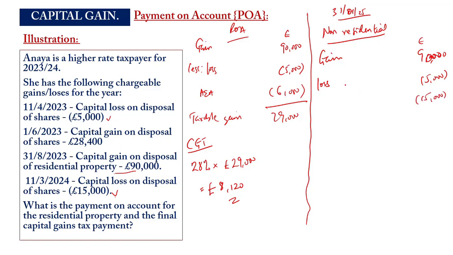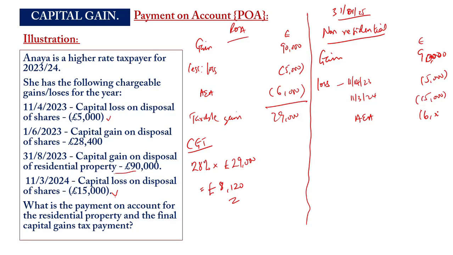So the loss on the 11th April 23, and there's also a loss on 11th March 24. Now what we do is we also have to less the annual exemption allowance, which is the 6,000.